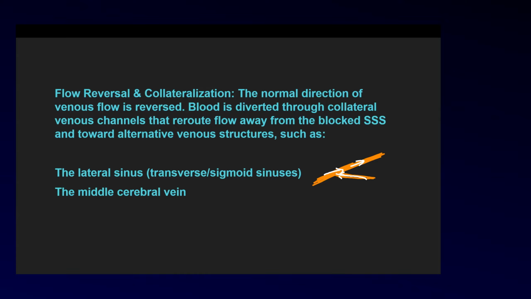But if there is venous hypertension, then the flow is going to get reversed. So assuming we have a tumor sitting right here, occluding the superior sagittal sinus, the blood goes ahead, recognizes that there is an obstruction ahead, so instead it tunnels down to the cortical veins and the venous flow is reversed.